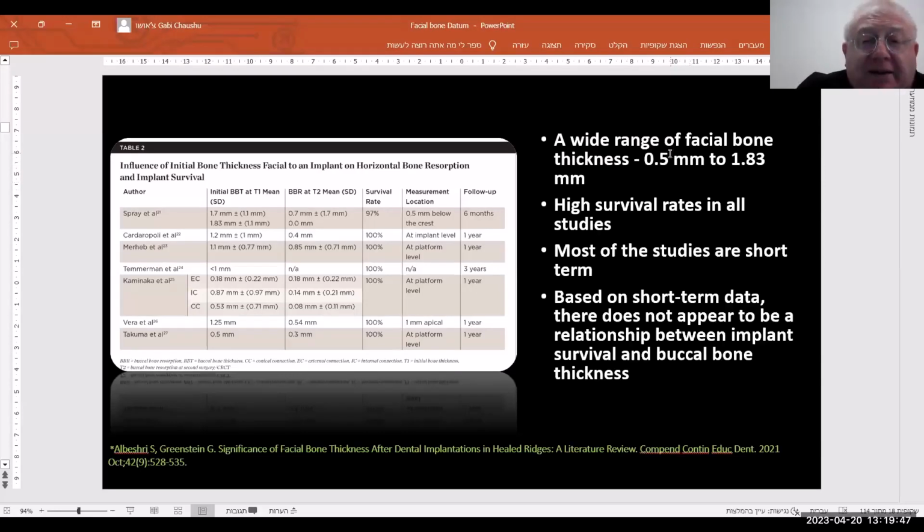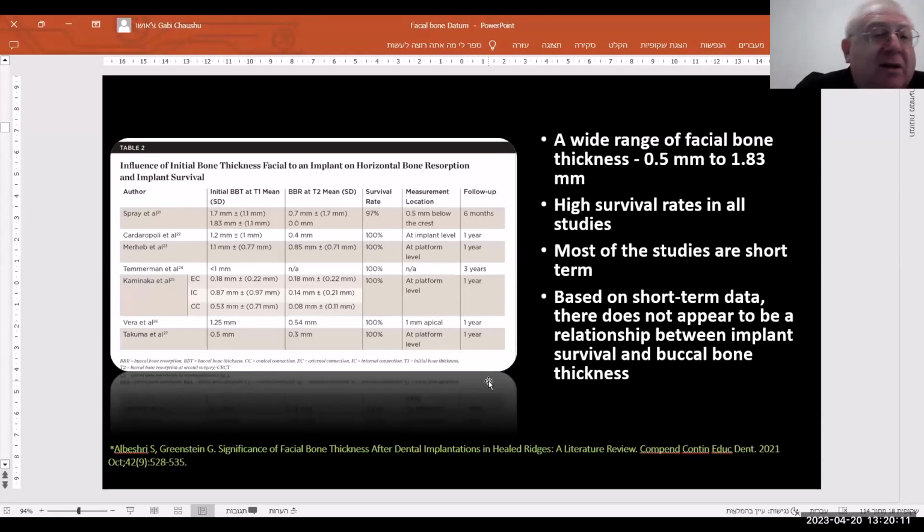And despite this high variety, there was always a high survival rate of the implants. One of the drawbacks is that most of the studies are short-term, and their conclusion was that based on short-term data, there does not appear to be a relationship between implant survival and buccal bone thickness.